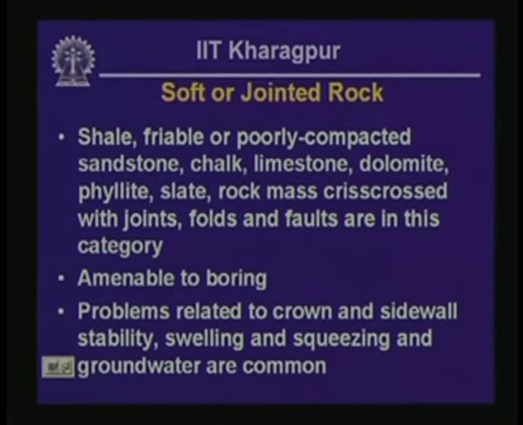Then chalk is another of those soft or jointed rock species, limestone, dolomite, phyllite, slate, and rock mass, all types of rock species that are crisscrossed with relatively closely spaced joints, folds and faults are in this category.